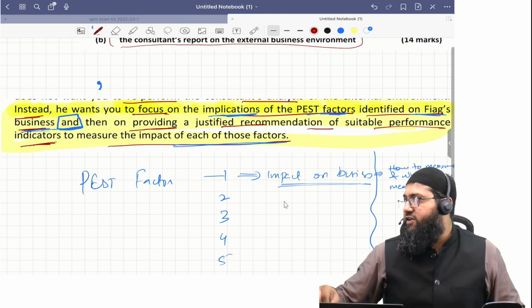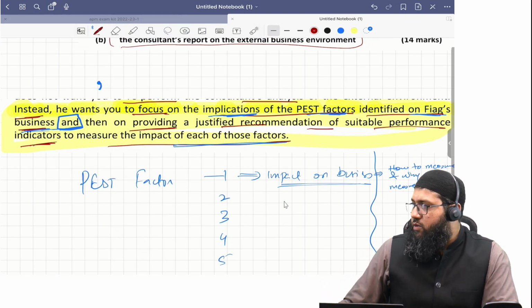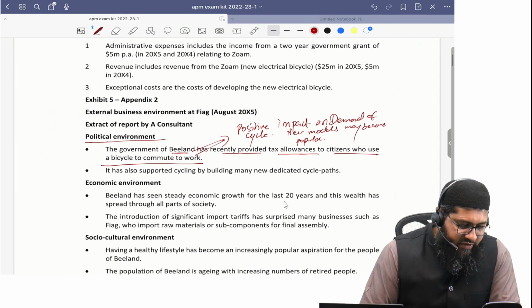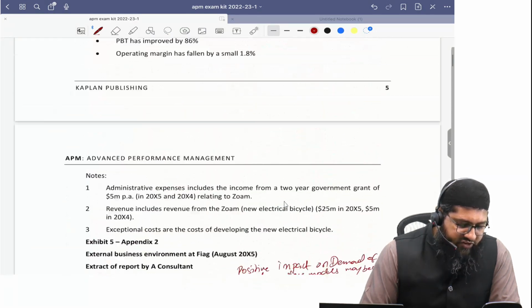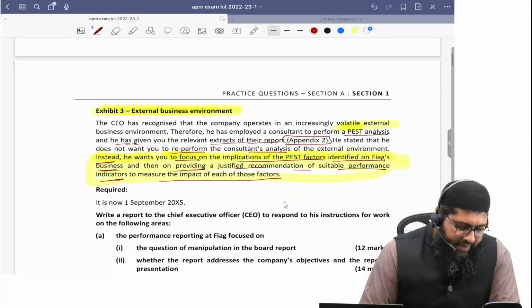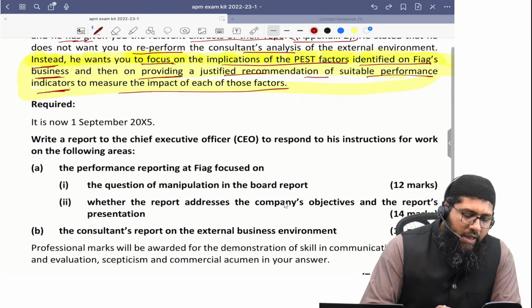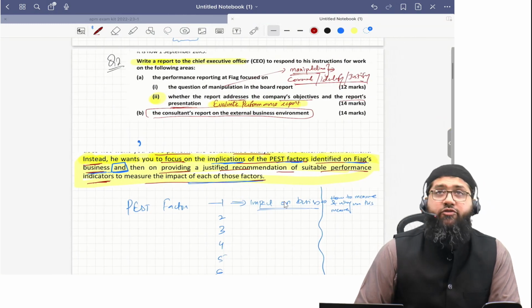Yes, Donna Foster, the question has an embedded requirement. That's how it is with respect to the question. Anyways, we are done with this specific question, which was question number 2, about the FIAC company.